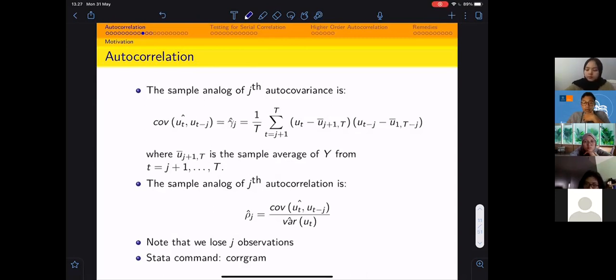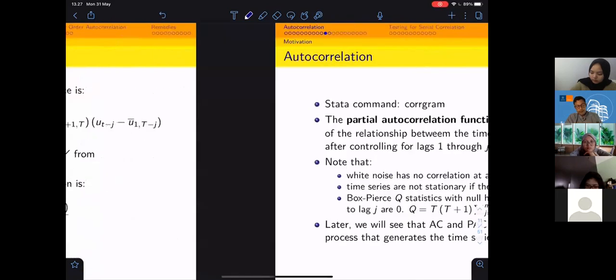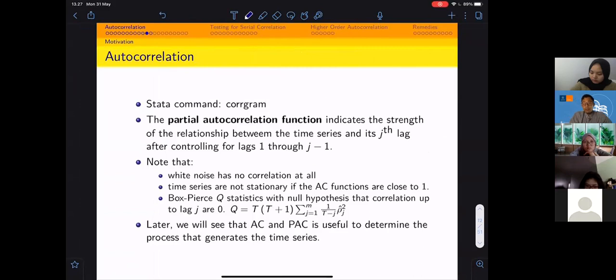Okay. So when you do your analysis, it's always nice to look at the residuals, and given the residuals, look at the correlogram analysis. Now, in addition to the autocorrelation, the correlogram analysis is going to provide you with the partial autocorrelation function. So the question is, what's the difference between autocorrelation and partial autocorrelation?